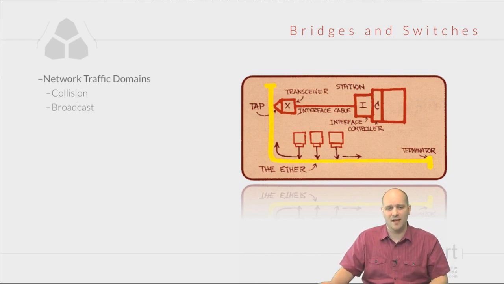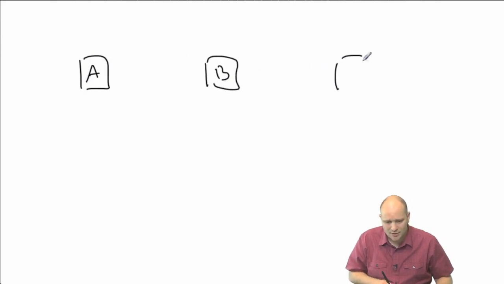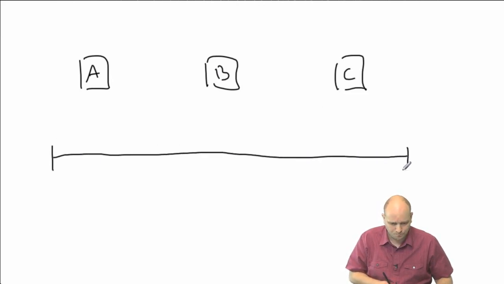Let me explain that just a little bit. What I mean by a bus style architecture is that the original idea behind the Ethernet was that multiple stations, let's call them A, B, and C, would connect to the network. That would be really just one cable, and they would all three connect to that cable.